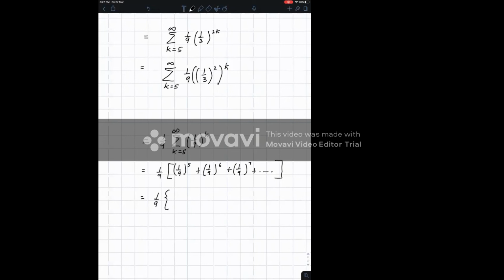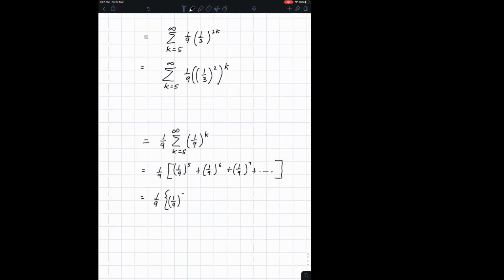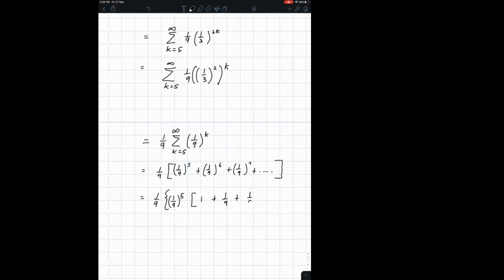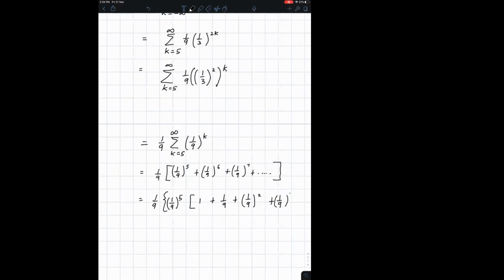If I factor out 1 over 9 to the power of 5, I'm going to get 1 plus 1 over 9 plus 1 over 9 squared plus 1 over 9 cubed plus dot dot dot.